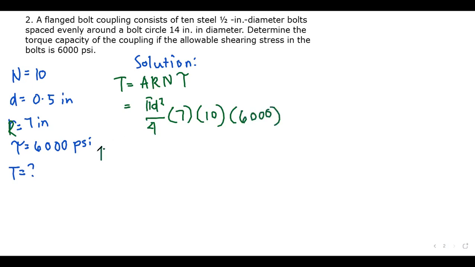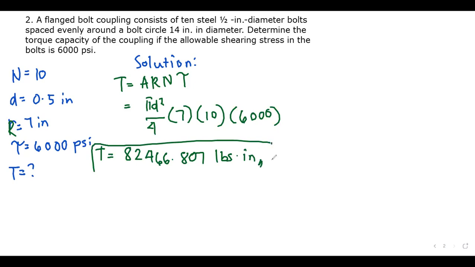So, T is equals to 0.5 squared pi over 4 times 7 times 10 times 6,000. So we have here answer, meron siyang 82,466.807 pounds inch. Okay? So ganun lang din, di ba? Actually parehas lang din ang way of solving.